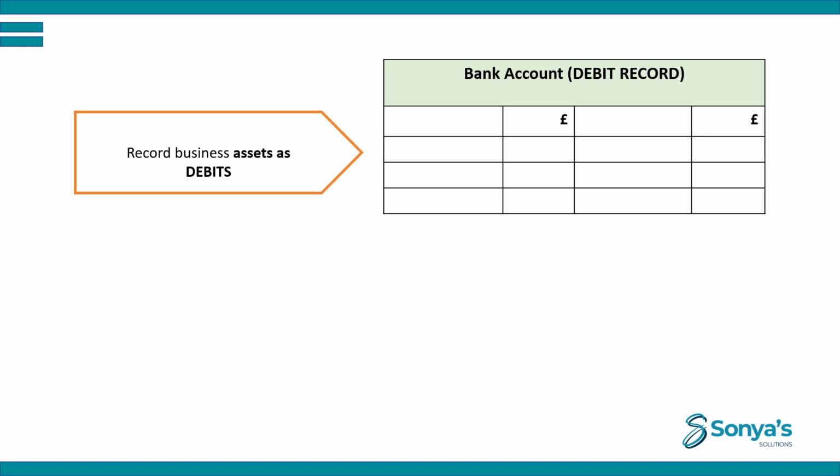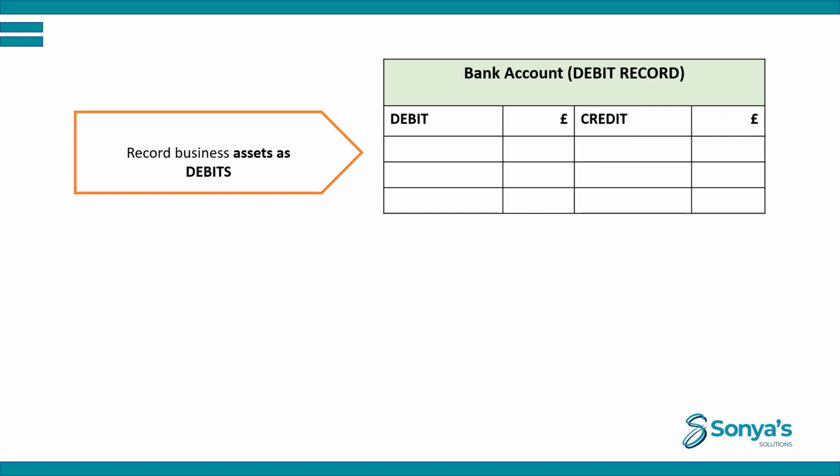The business needs to keep its own record of money that passes through the bank, so it keeps a bank account in the ledger. A ledger used to be a book. You'll notice that the left half of the account is labelled debit, sometimes abbreviated DR, and the right side of the account is labelled credit, CR.